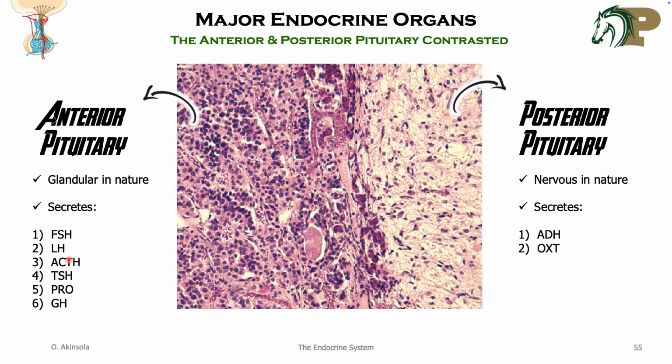It will secrete ADH and oxytocin. Remember that these two hormones over here are produced by the hypothalamus. These six hormones over here are produced by the anterior pituitary.